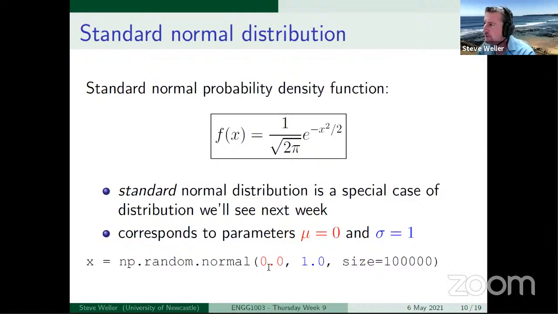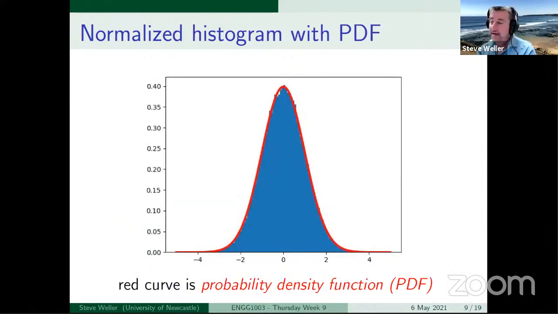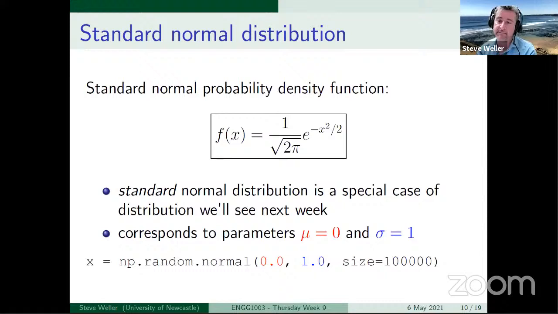Don't want to talk about their interpretation today. That's for Monday's lecture. But just to let you know that the standard normal probability density function, or PDF, is a special case of something where next week we're going to be able to vary these red and blue parameters and observe a shift in the shape or location of that curve.